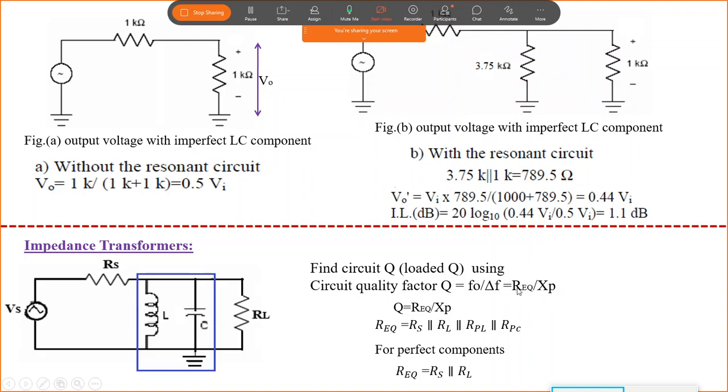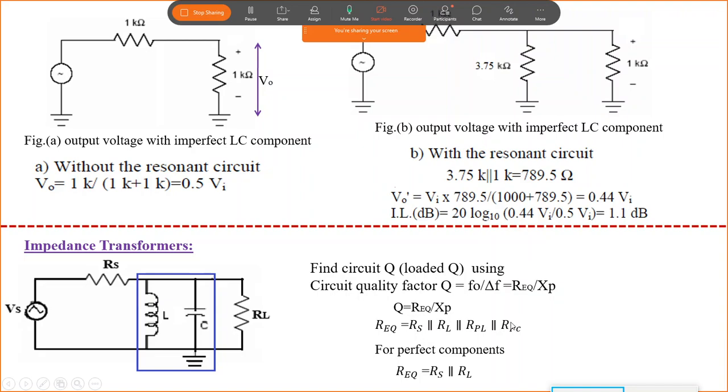Req means the parallel combination of Rs, RL, RPL and RPC. If L and C are imperfect, we have to consider their parallel resistances, RPL in parallel with RPC. Each has a resistance, and they also come in parallel with Rs and RL.